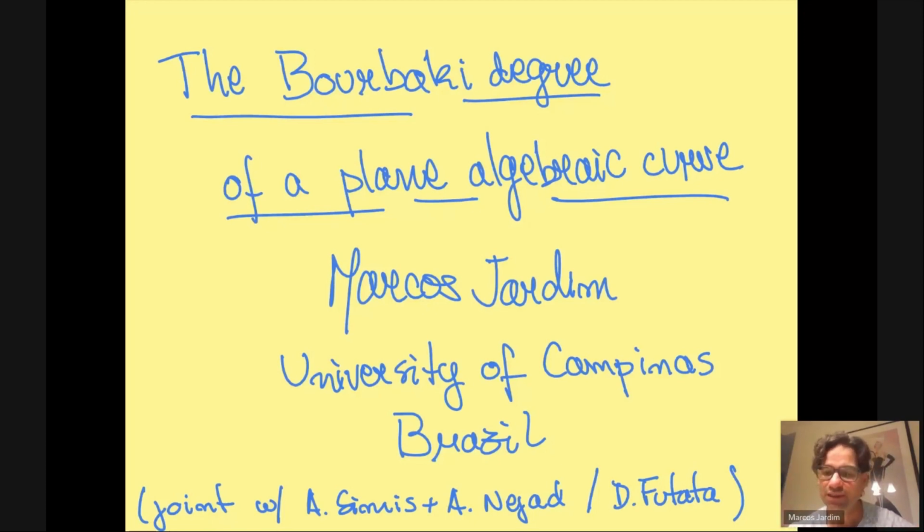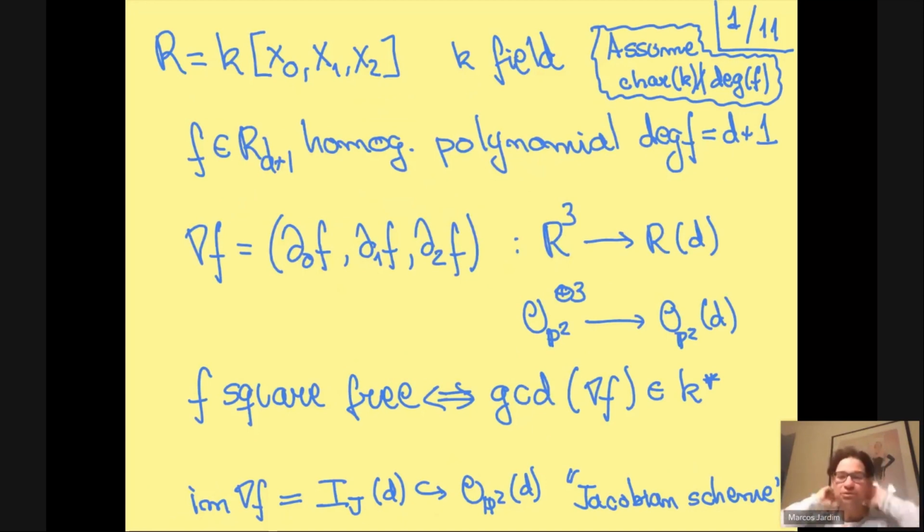Okay, so let me start with the setup here. R is the ring of homogeneous polynomials, where K is some field, and overall I'm going to assume that the characteristic of the field does not divide the degree of a particular polynomial.